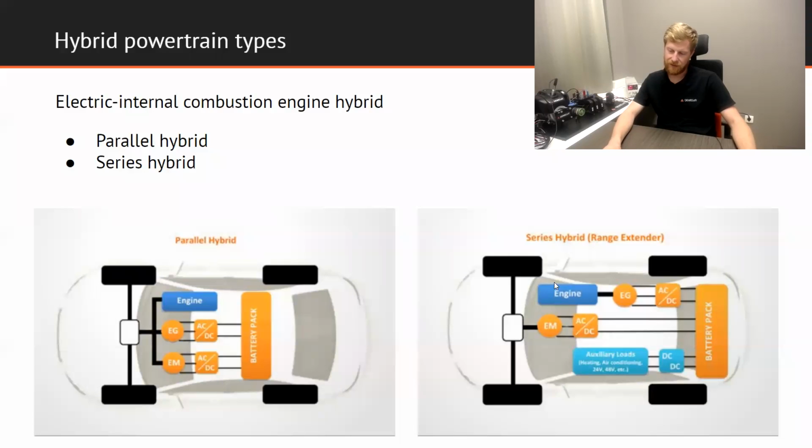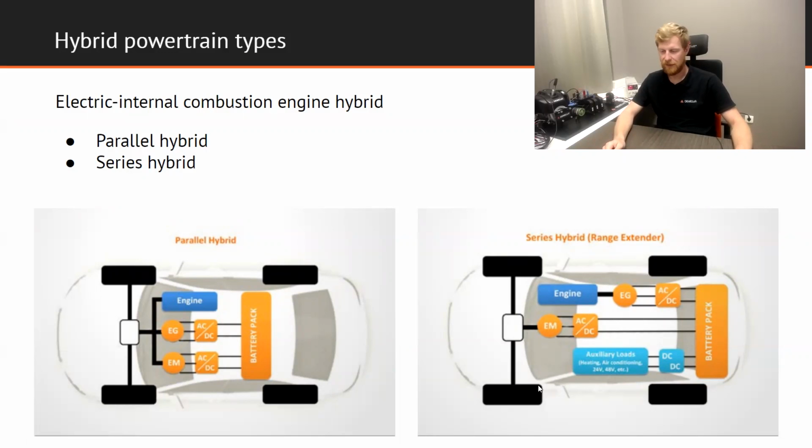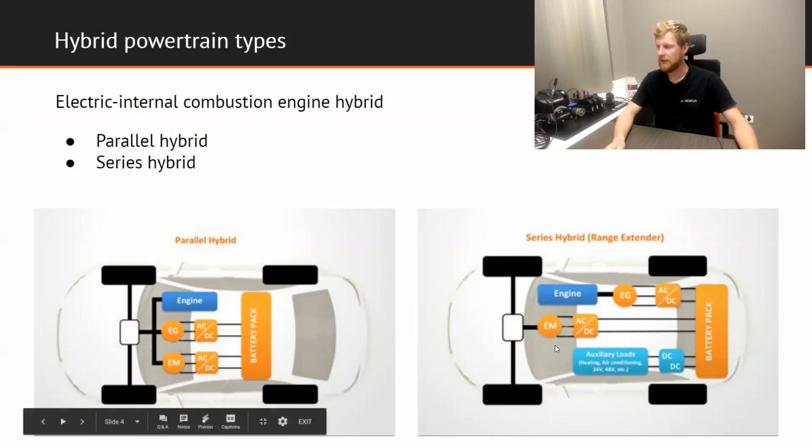The electric generator generates electricity, and it charges the battery pack. And from the battery pack, we then power the electric motor, which drives the wheels. This is common with vehicles that have in-wheel motors, and we don't need to have any transmission between the engine and the vehicle.